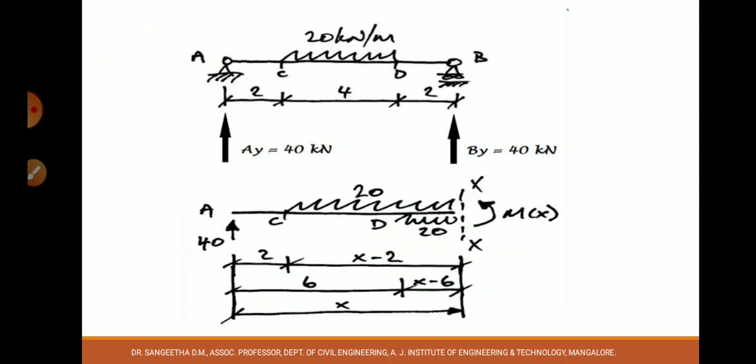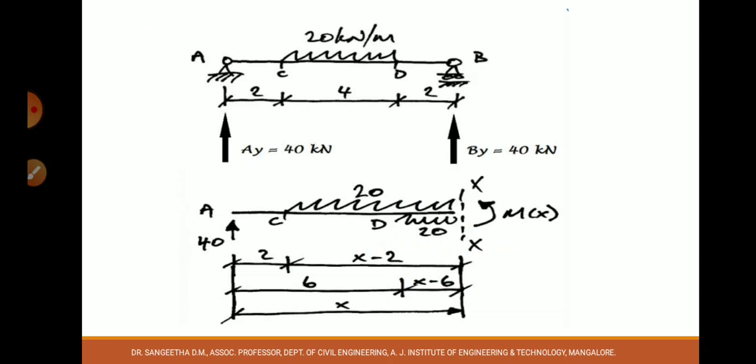Simply supported beam. So for a simply supported beam you have a deflection equation for y, and you will be substituting the boundary conditions at x is equal to 0 and x is equal to L. So at x is equal to 0, y is 0; at x is equal to 6, y is 0. That is the boundary condition for this problem.